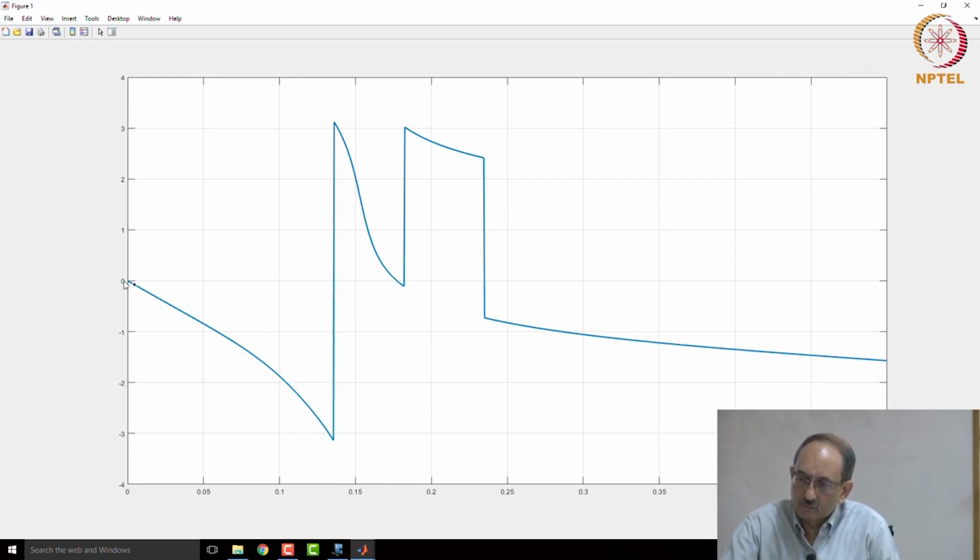So, this phase response keeps on decreasing. At this point, it is trying to become more negative than minus pi. Therefore, wrapping will cause you to add enough multiples of 2 pi so that the phase always stays between minus pi and pi. Therefore, this jump is a jump of 2 pi, because you do not want the phase response to go more negative than minus pi or more positive than plus pi.